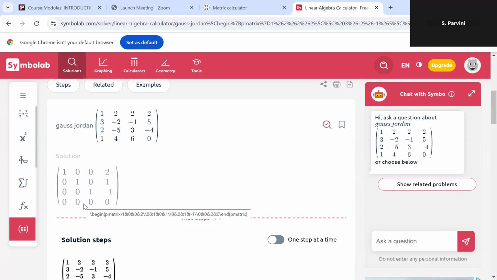I'm just copying the answer. 2, 1, -1, correct? Isn't C -1? B is 1, and A is 2. And that's what we need. Let me switch back.